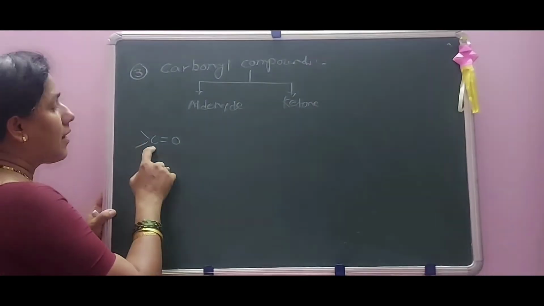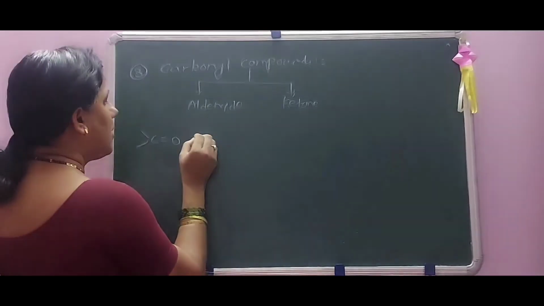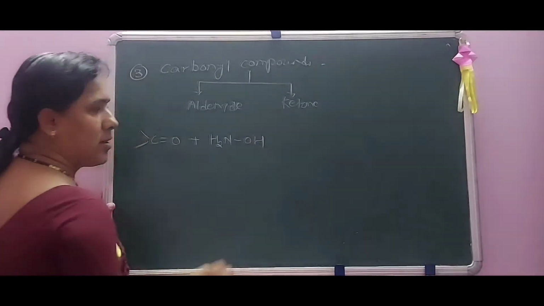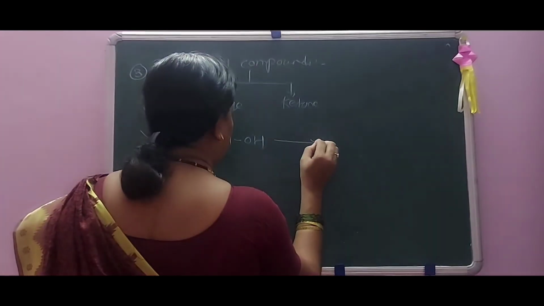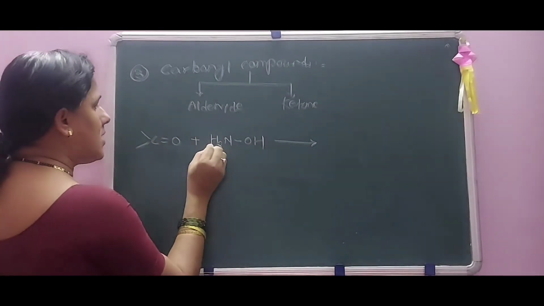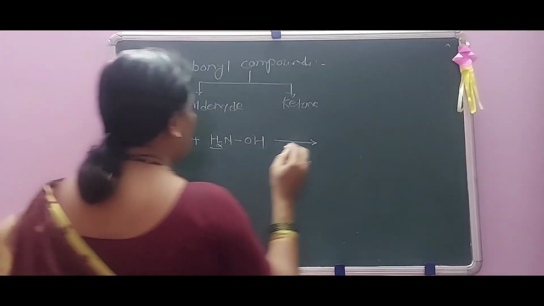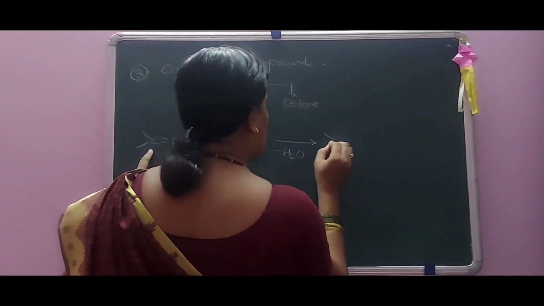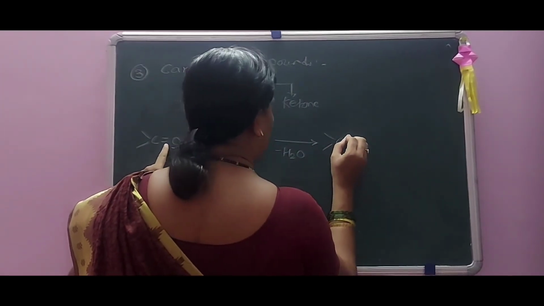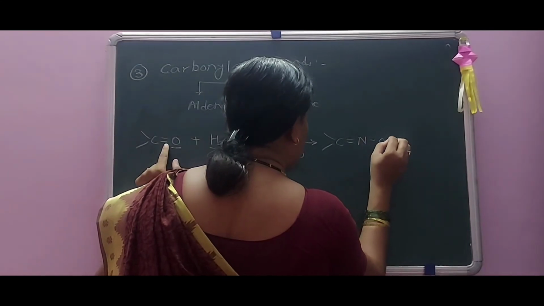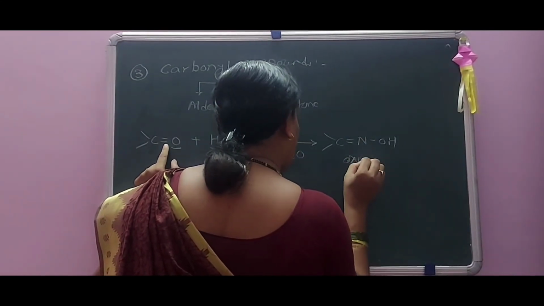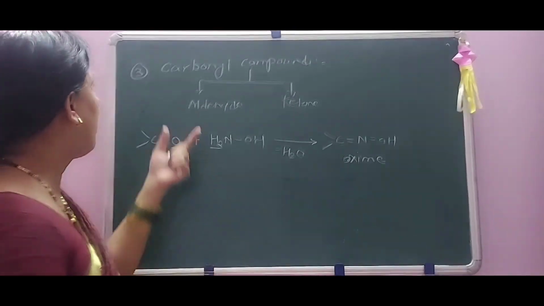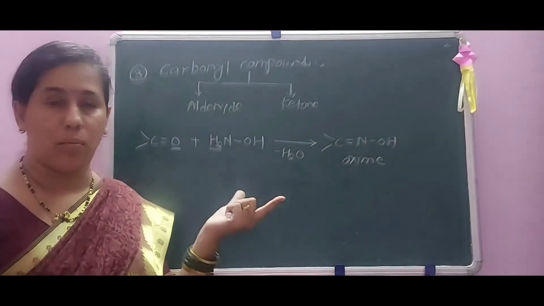Here we can write the reaction of a carbonyl with NH2OH. Okay, what is the formation here? That is this H2 and this O as removal of a water molecule, and there is formation of C double bond NOH. This formation of an oxime confirms the presence of which group? That is the carbonyl group.